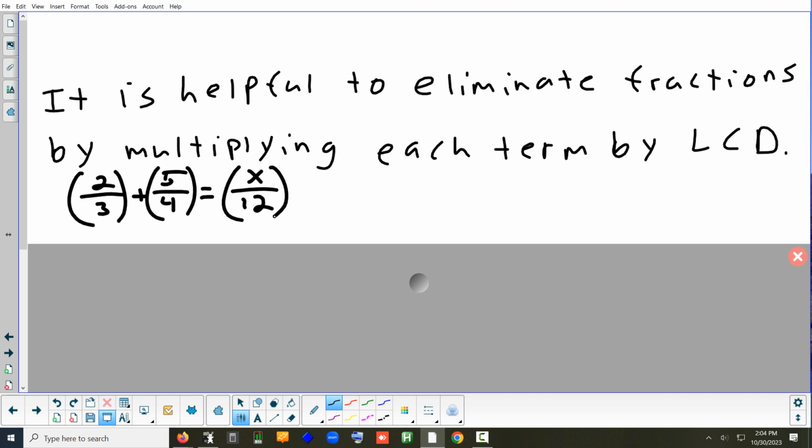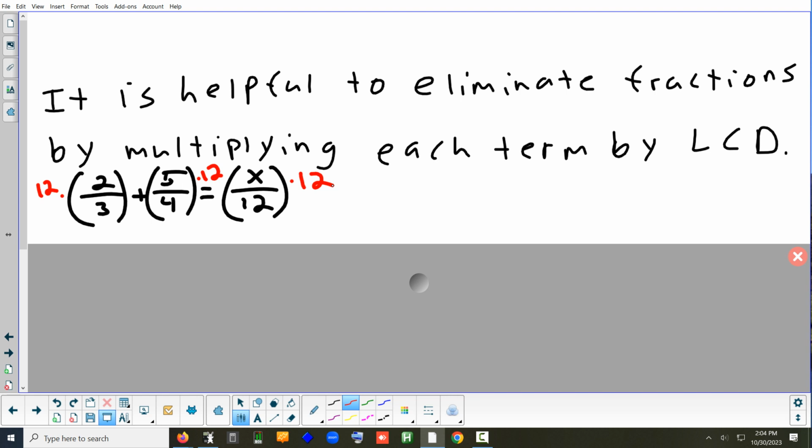Yeah, 12, exactly. If you multiply this by 12, this by 12, and that by 12, it's going to make all your fractions disappear. Now, did I multiply both sides by a letter? No, I multiplied by the number 12. So you don't have to worry about anything extraneous happening. There's no letter. We're just going to multiply.